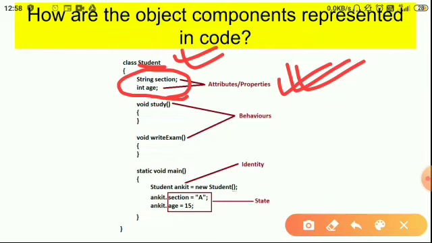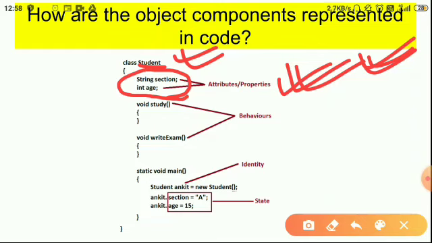You understood how we can implement attributes in code. Now coming to behavior or action: identity, state and behavior. We have already seen state, now we'll look at behavior.